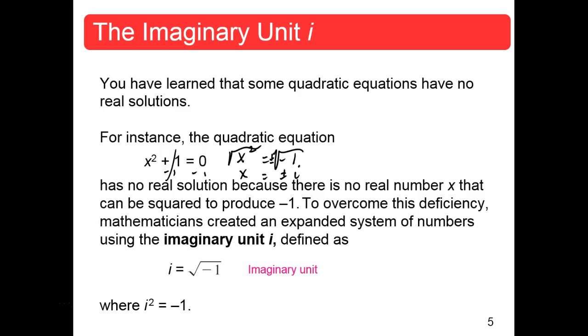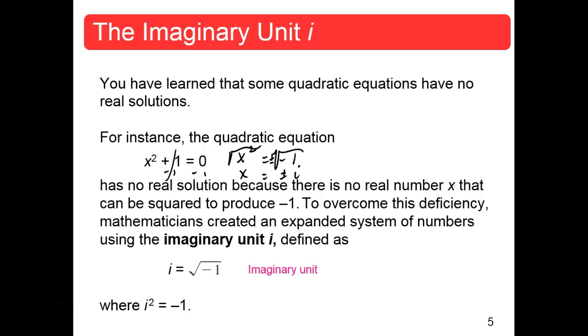And here's the other definition you need to know: i squared is equal to -1. These two pieces of information really say the same thing. i is defined to be the square root of -1, and therefore i squared is -1. So now we can put in i squared plus 1, -1 plus 1 equals 0. So that will solve that equation.